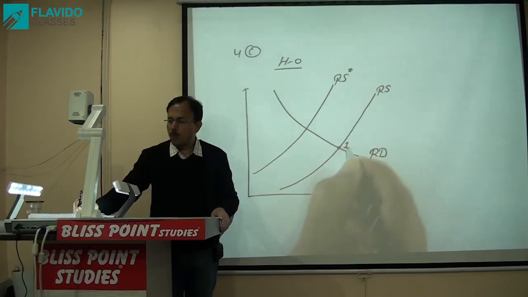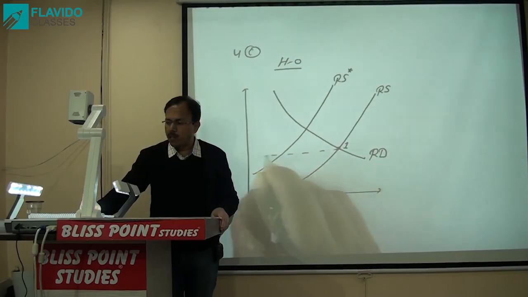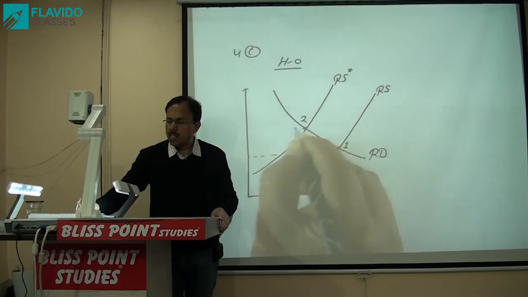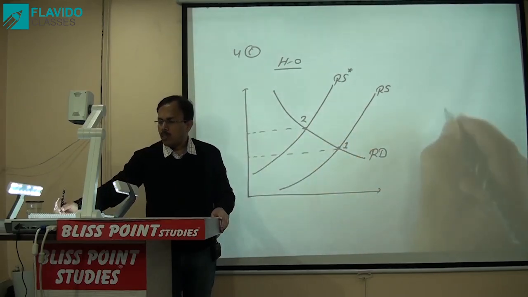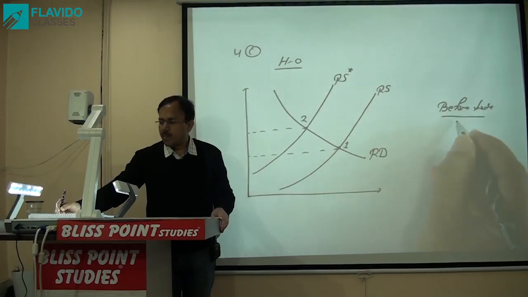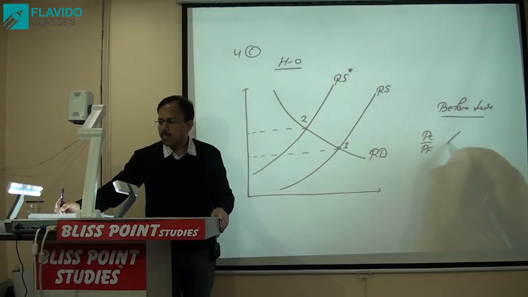If they are not trading with each other, what will be the situation? Without trade, in the home country the price is determined by point 1. Without trade, in the foreign country the price is determined by point 2. So before trade, PC upon PF in the home country is less than PC by PF in the foreign country.